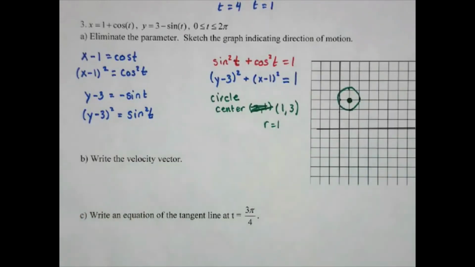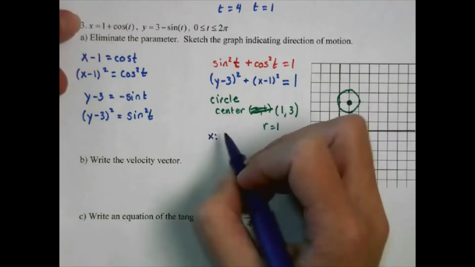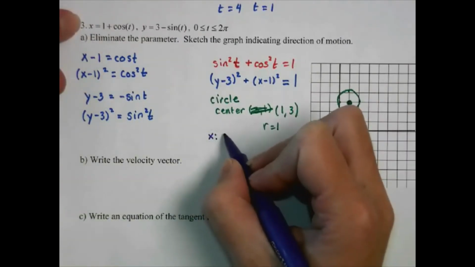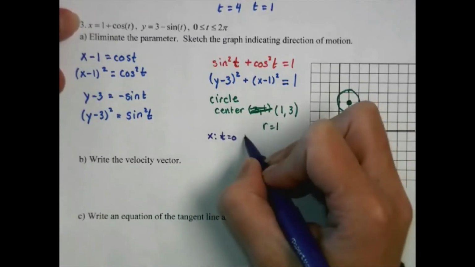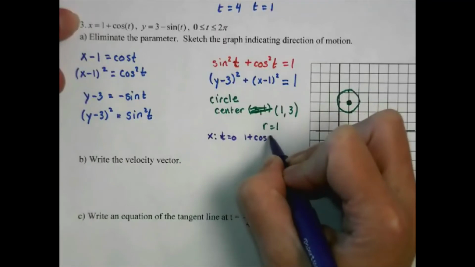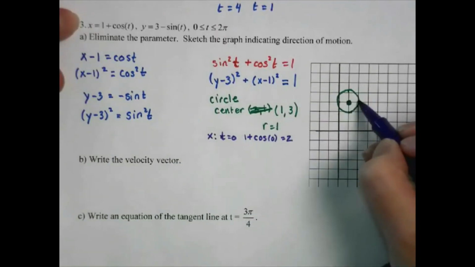To figure out the direction, I'm going to plug in a few points. I'm going to start with 0. So if I plug in 0 into my x equation, that's going to be 1 plus cosine of 0. Well, that's going to be 2. So that's this point here.